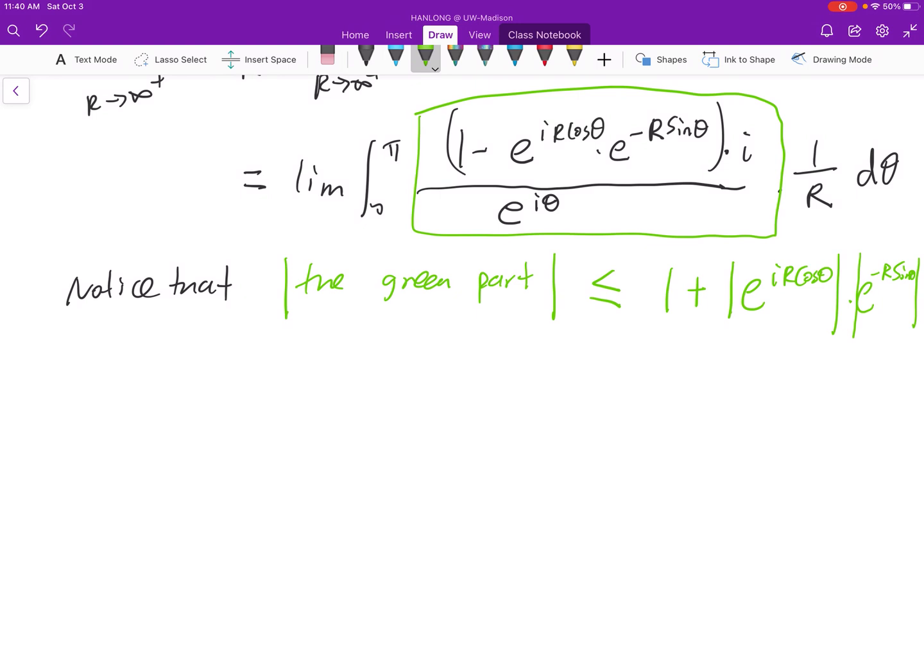And most importantly, this is less than 1 plus 1, which is 2.